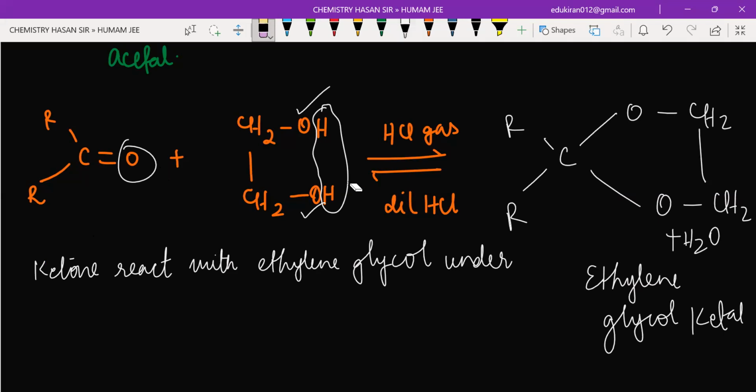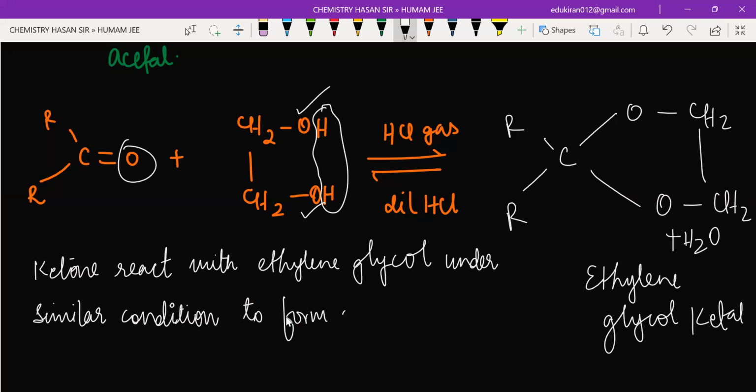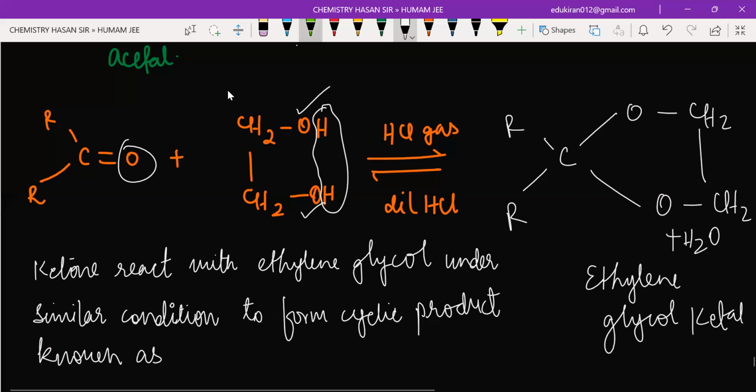That means under similar condition, the way we reacted in that. To form cyclic product known as ethylene glycol ketone.